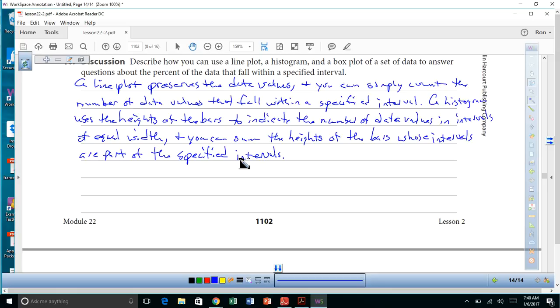All right. A box plot shows the points that divide the data into 4 equal parts.